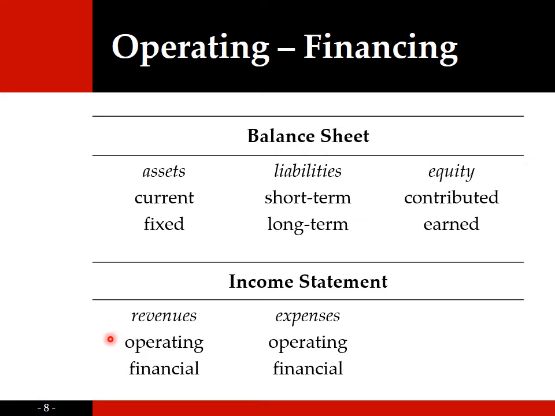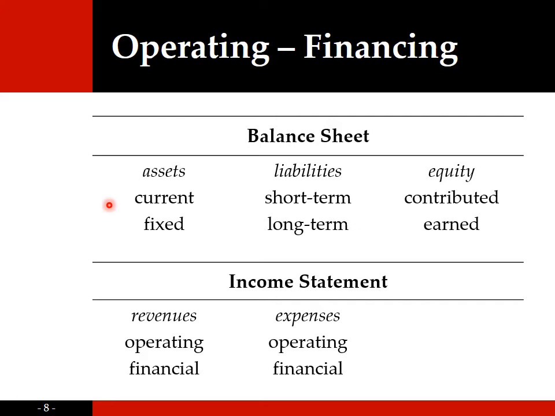However, not everywhere. More specifically, in the income statement, the revenues will be grouped into operating and financing, and also the expenses will be grouped between operating and financing. However, this distinction will not be visible as the first level of classification on the balance sheet.